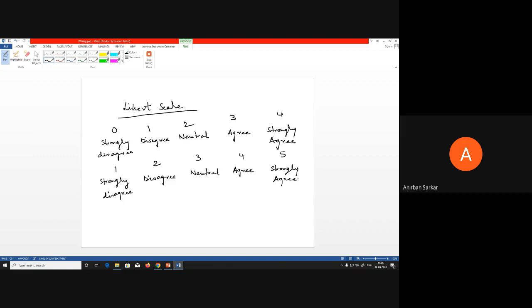Is there any difference in the scale? Same 5-point Likert scale we are using? True or not? Yes, sir.